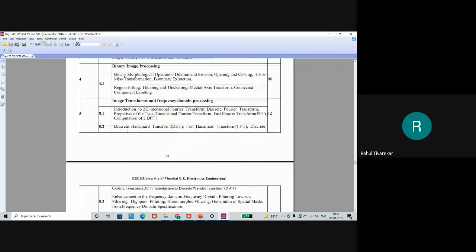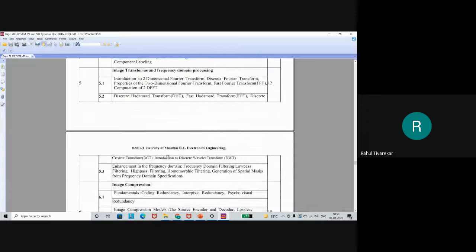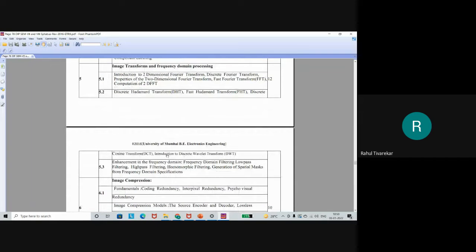In the fifth module, we will be learning image transforms and frequency domain processing. As I said, there is a spatial domain, and in the spatial domain, there are only a restricted number of operations that we can perform, and only restricted productivity that it can provide.